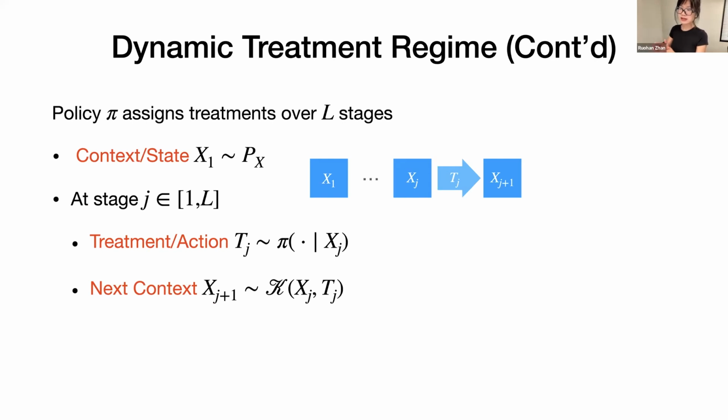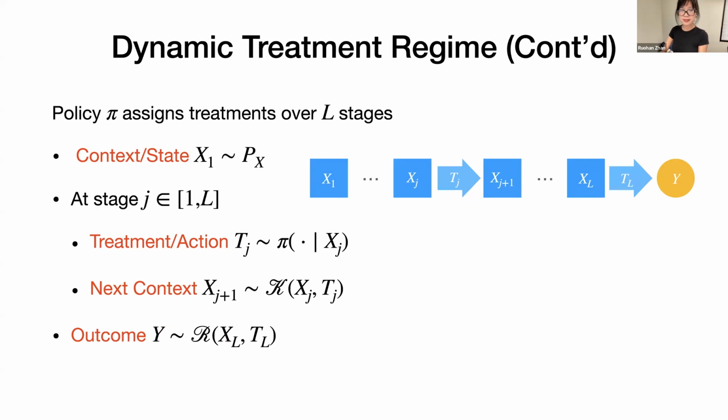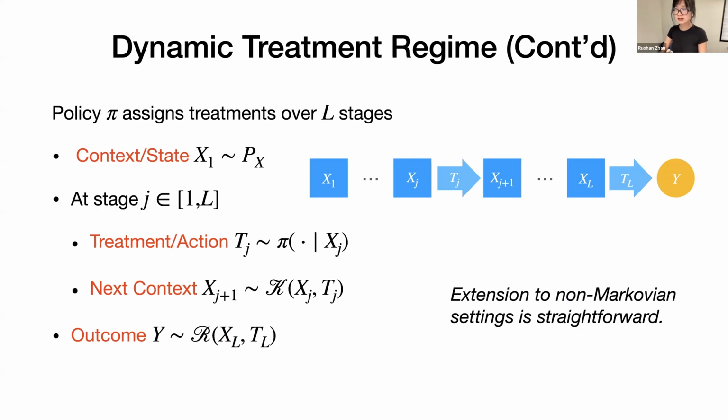This treatment or action tj will transit xj to the next state or context xj+1. And in the end, we observe the final outcome y, which is a function of the last state and the last action. Here I will mainly focus on the Markovian setting, but our framework can also be adapted to the non-Markovian setting.